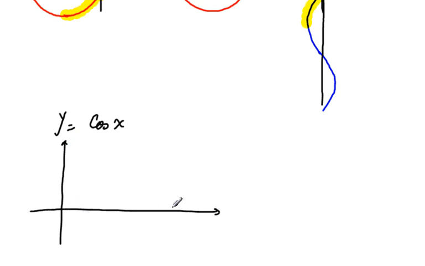Cosine had an appearance like this. It starts high, and then so on it goes.